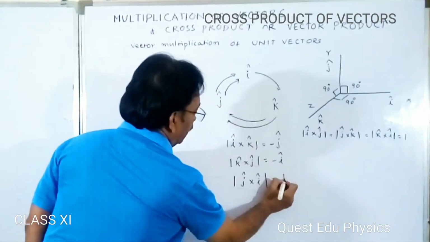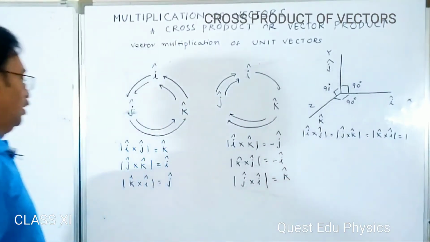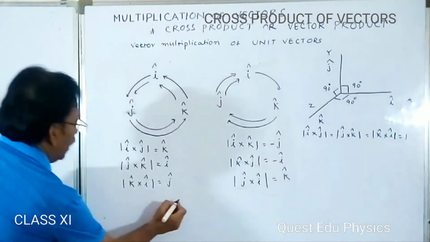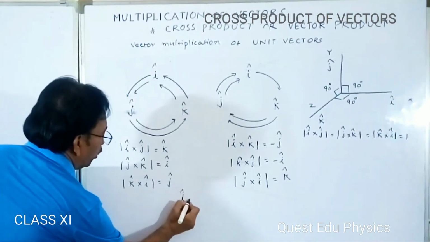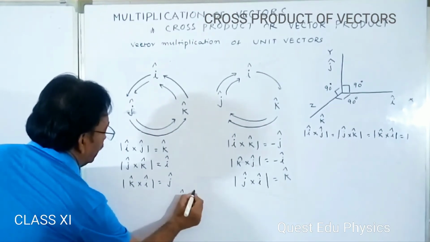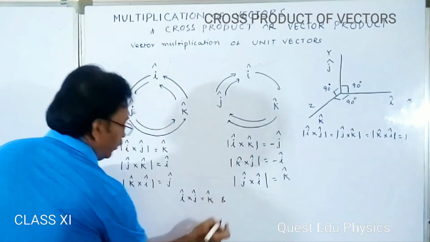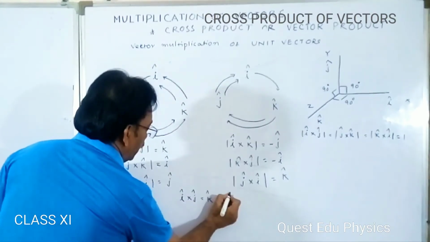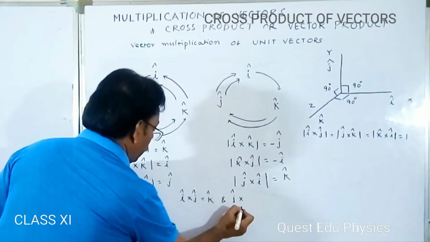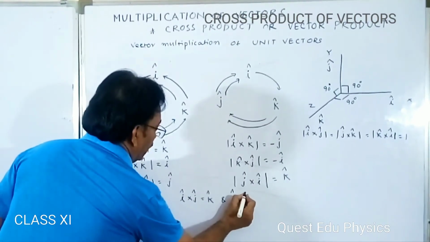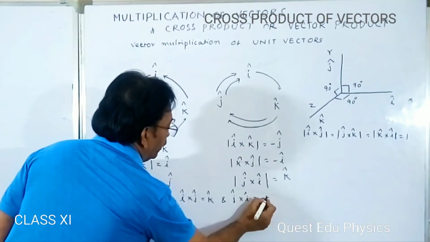We'll get k cap. Together we can write i cap cross j cap is equal to k cap, and j cap cross i cap is equal to minus k cap.